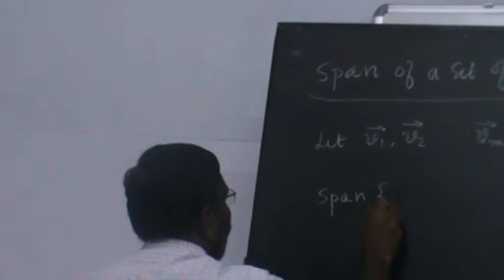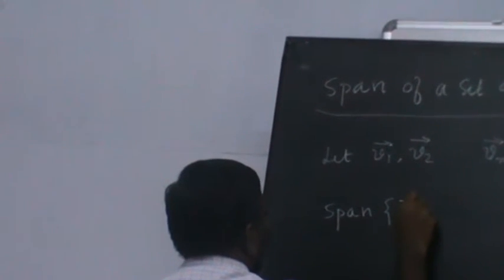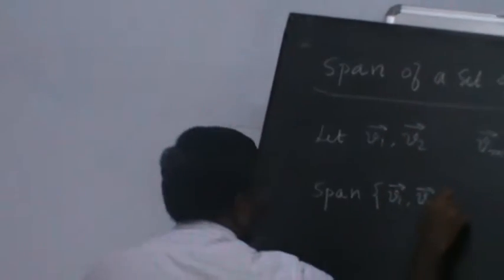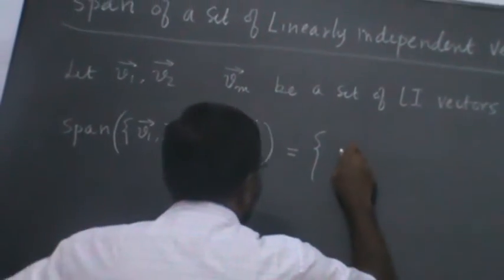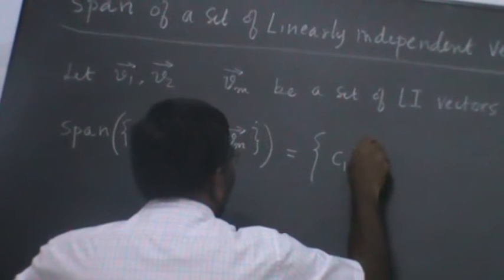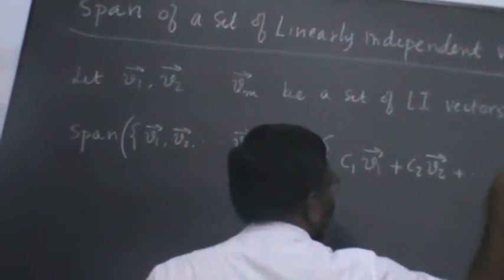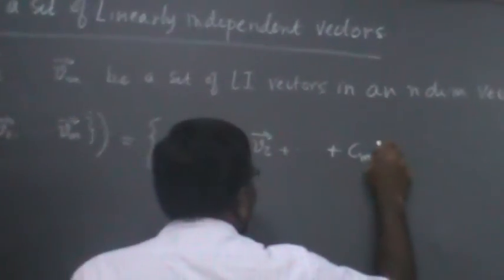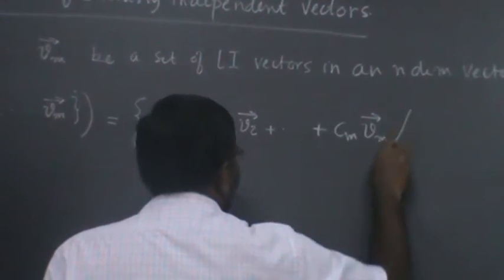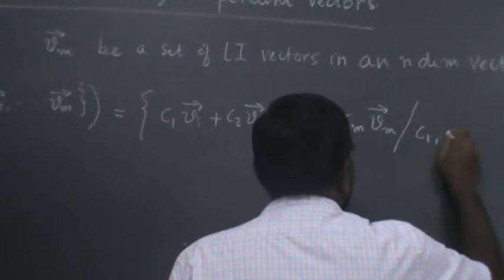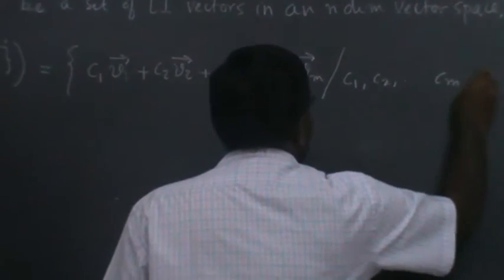Then the span of these vectors V1, V2, etc. Vm is defined as the set of vectors C1 times V1 plus C2 times V2 plus etc. Cm times Vm, such that C1, C2, Cm belong to the field.